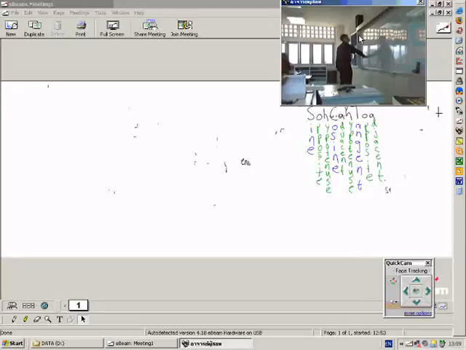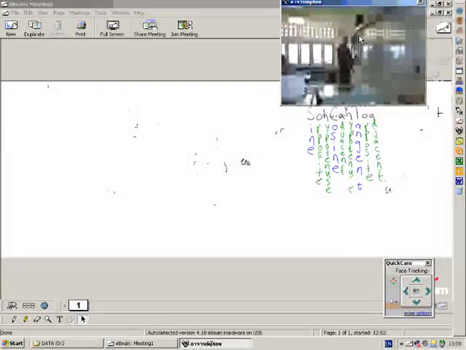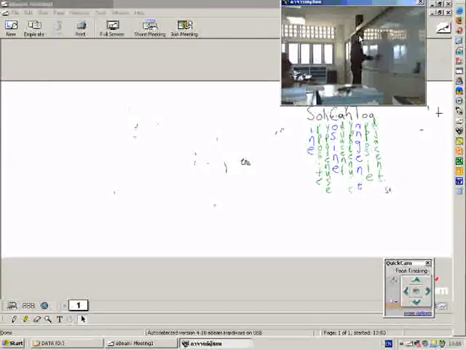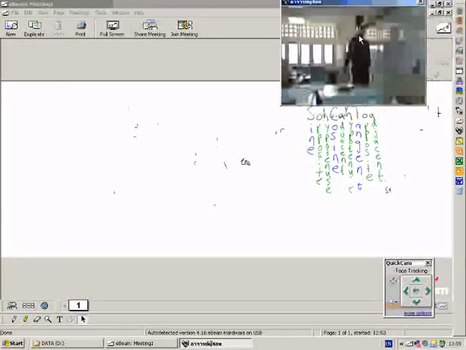To the right side. Right side. Right side. Upper. Is it racing?